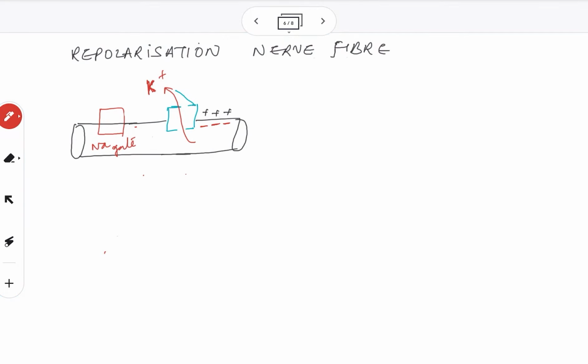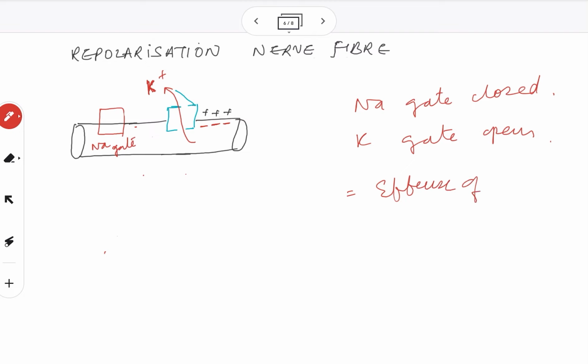Next we have repolarization. In the repolarization, the sodium gate closes and the potassium gate opens. So what will happen? There will be efflux of potassium ions. So here the sodium gate is closed, the potassium gate will open up and potassium ions will move out.